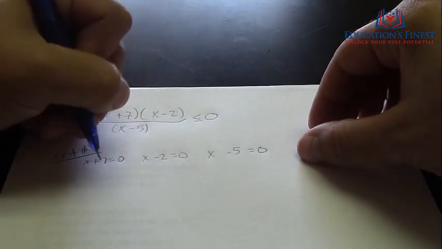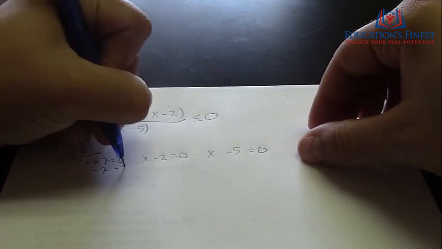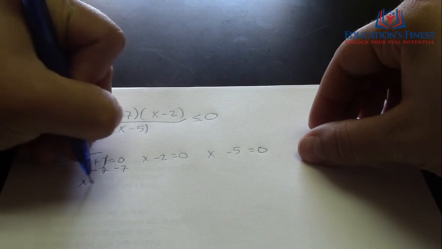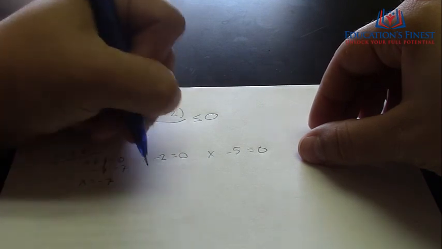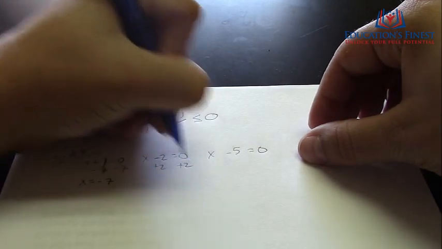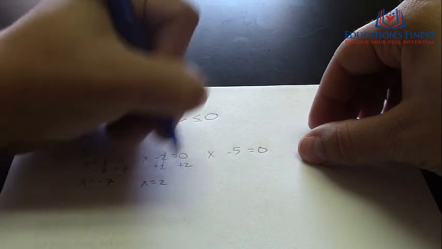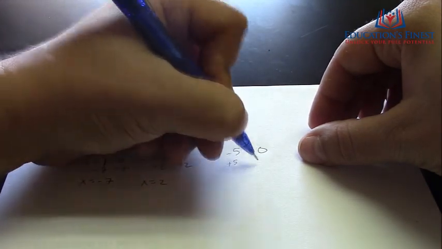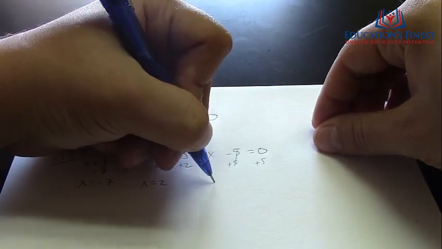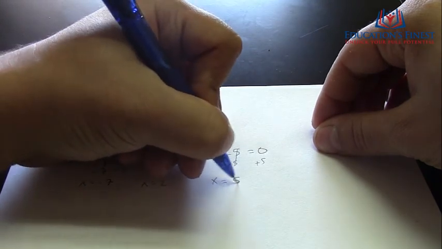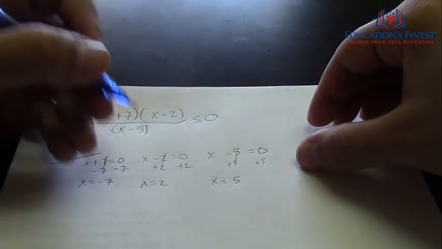Then you solve each of these. Subtract 7 from both sides, x = -7. Add 2 to both sides, x = 2. Add 5, so x = 5. These are your critical numbers.